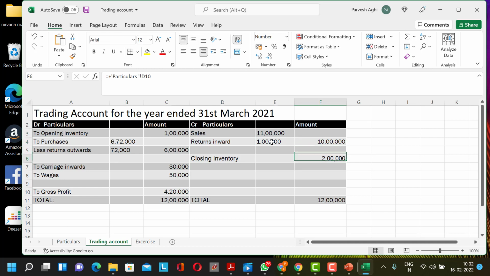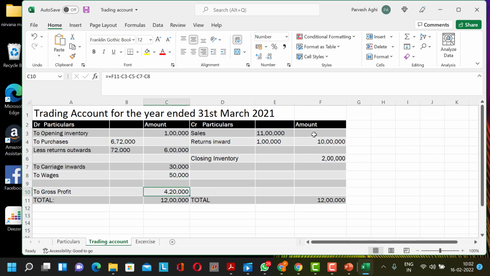You have inventory with you, okay, which is 2 lakhs. Now, you started the business with 1 lakh inventory. You purchased goods worth 6,72,000. Some goods were returned by you. So that means your total net purchases are 6 lakhs. Okay, fine. Then you incurred some expenses, which is like carriage inwards or wages. Okay, so your cost of goods sold will be basically, we have arrived at, and then you found what is my gross profit.